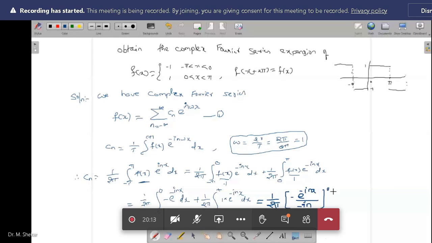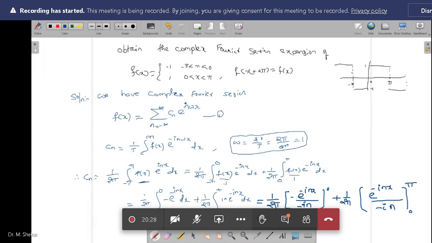Next, plus 1 by 2 pi integration of e power minus i n x, which is e to the power minus i n x divided by minus i n, with limits from 0 to pi.